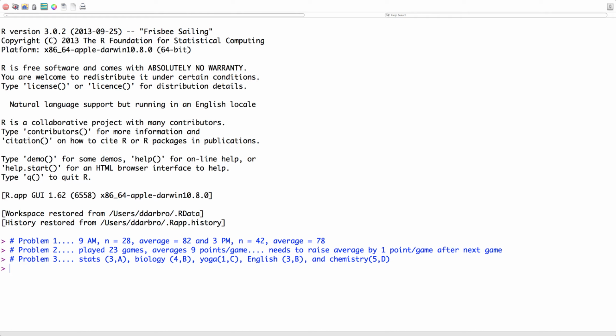Notice what I've done here is I've already stated the problem, so I don't have to go back and forth to the PowerPoint. And notice also that I started each one of these lines with the hashtag, and kind of summarized each problem. Solution for each of these.